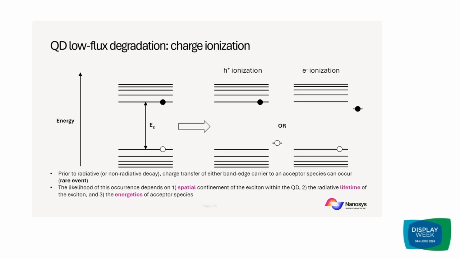The less time it spends sitting there at the band edge, the less opportunity you have for those charges to ionize from the system. And then the last consideration of whether this happens or doesn't depends on the relative energetics of what is out there in the system, what sorts of acceptor species are present out there in the surrounding environment of the quantum dot.